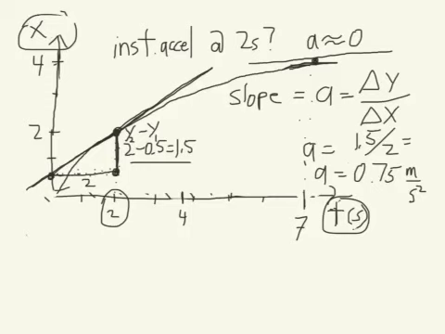So I just changed what the y-axis is. I changed it from velocity to position. That changes entirely what this graph means. So now the slope of the tangent line at any point on this graph gives us the instantaneous velocity. So I'm going to go change all our a's to v's.